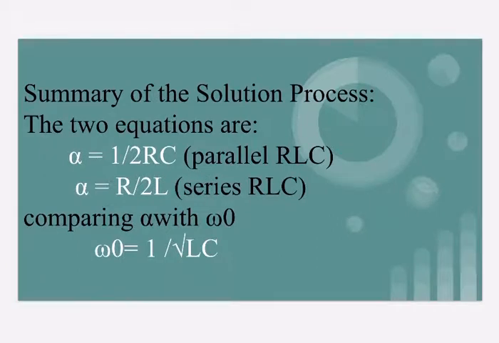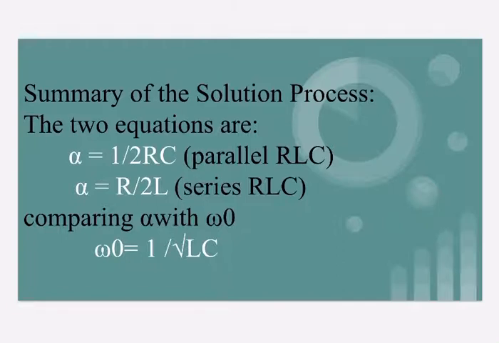Coming to the summary of both RLC circuits, series and parallel: whenever we determine the transient behavior of a simple three-element RLC circuit, we must first decide whether it is series or parallel, so that we use the correct relationship for alpha.